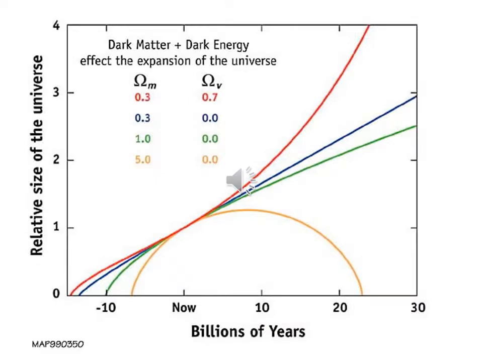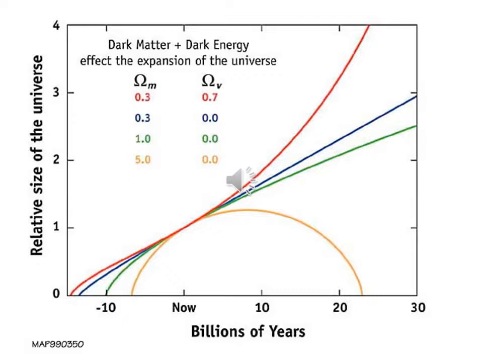This weird symbol above the numbers in the two columns that you're seeing is called omega. Omega subscript m is omega matter, which means mostly dark matter. Omega sub v is the dark energy.